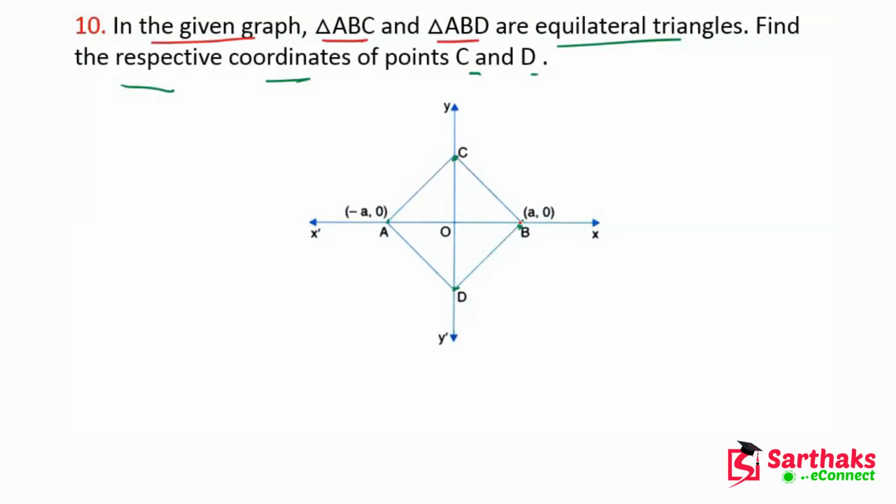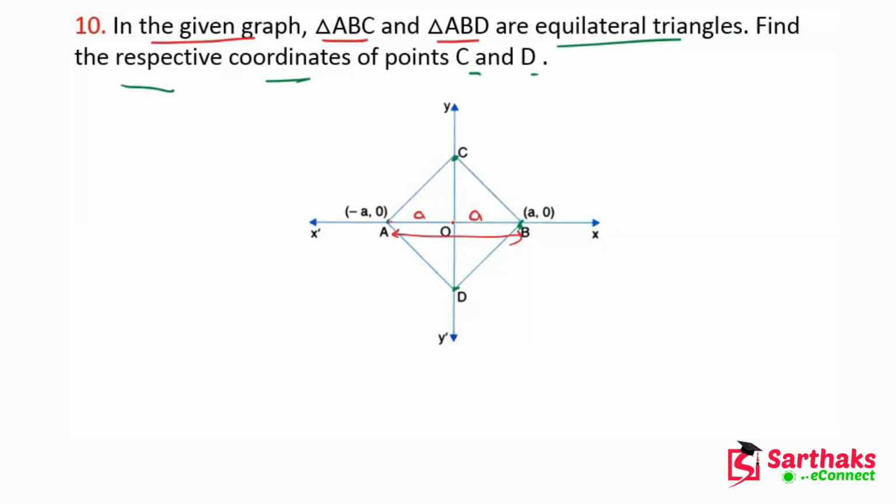Triangle ABC and triangle ABD are equilateral, which means all the sides are equal. The distance OA is a, and the distance OB is also a.